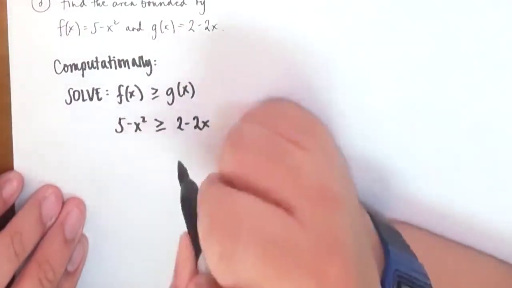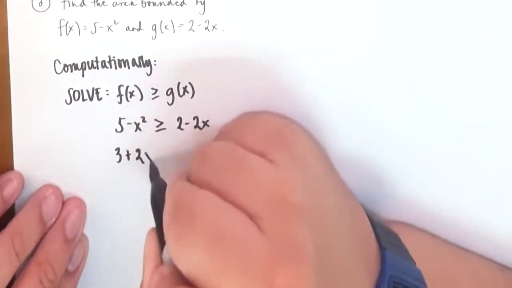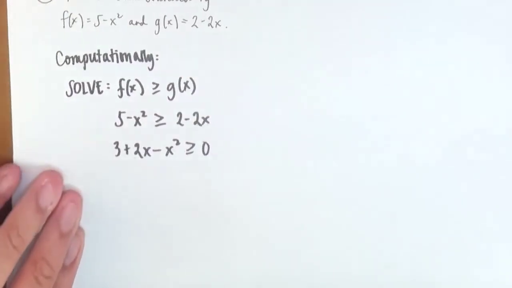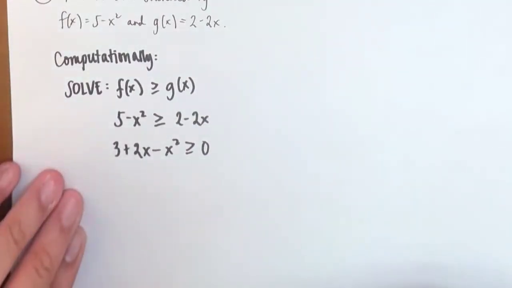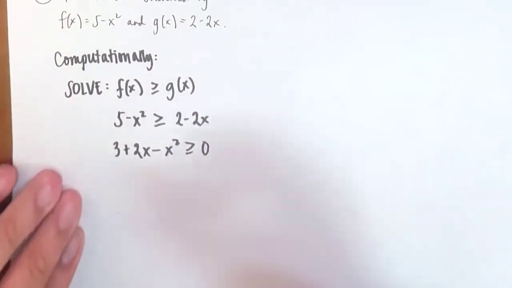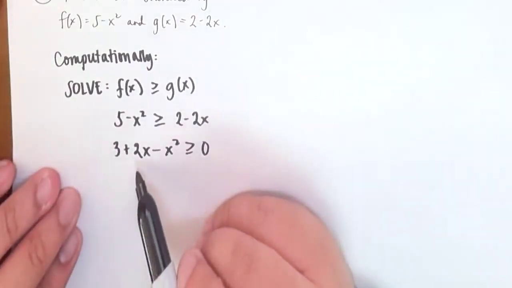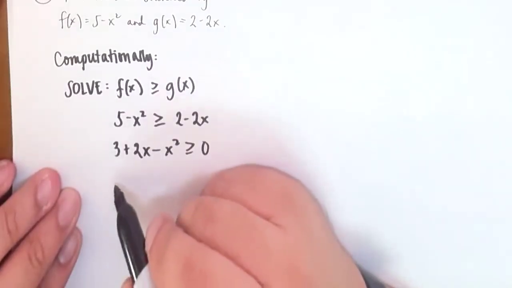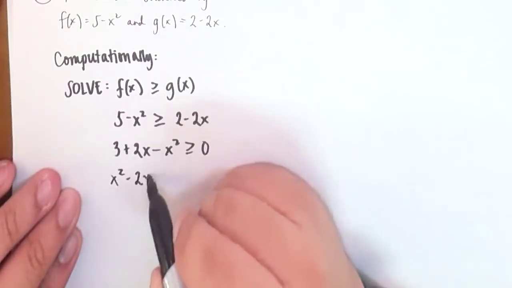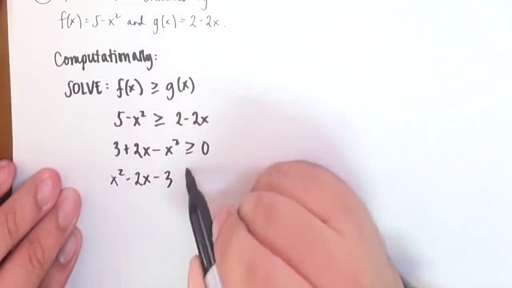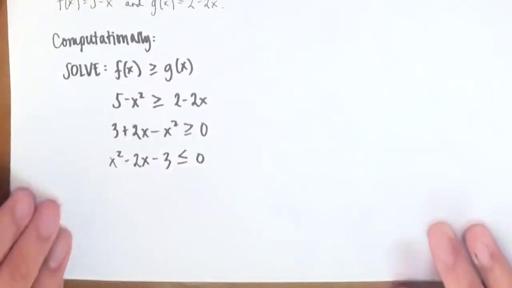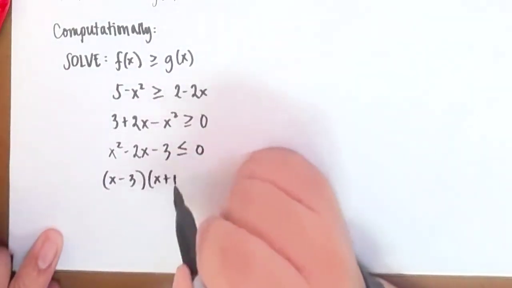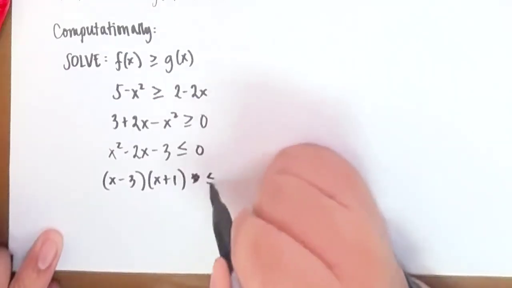So 3 + 2x - x² is greater than or equal to 0. And x² - 2x - 3 is less than or equal to 0. (x - 3)(x + 1) is less than or equal to 0.